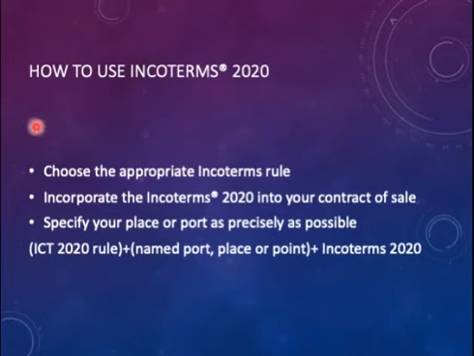When you agree on a specific rule, you can incorporate it into your contract of sale, and you should specify your place or port as precisely as possible. Normally, you put the name of the rule, for example FOB, plus the name of the port, or the name of the place or some other point. This is based on the rule.